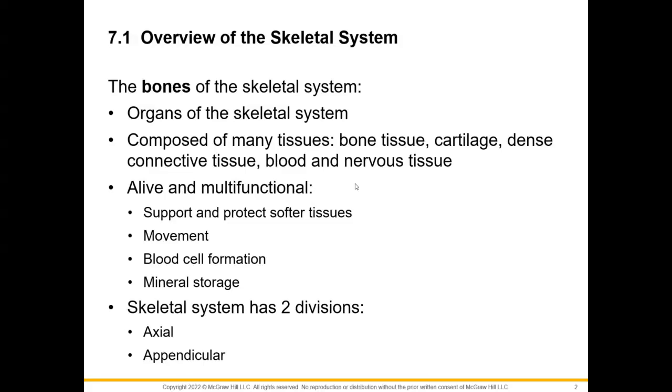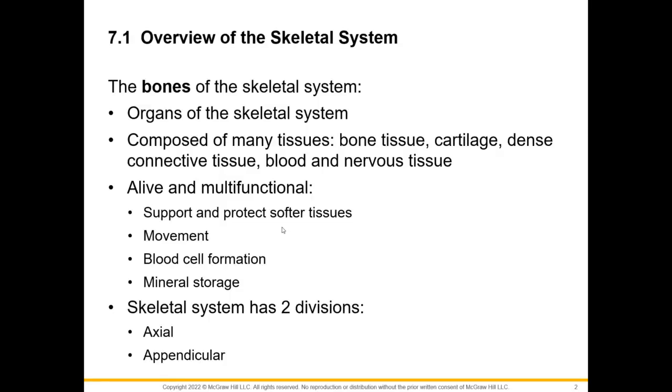But for skeletal system, we're also talking about cartilage and dense connective tissue, and also blood and nervous tissue. And all of this stuff really is alive and has many functions. Okay, so your bones are definitely alive. They support and protect the softer tissues. They're used for movement.